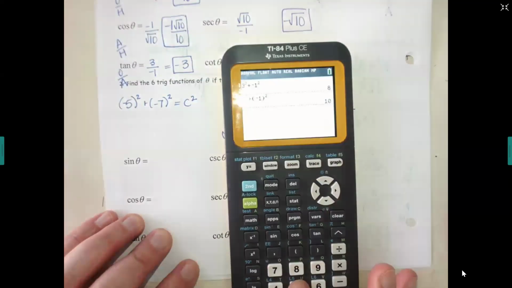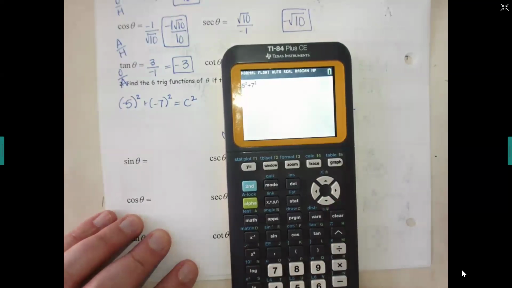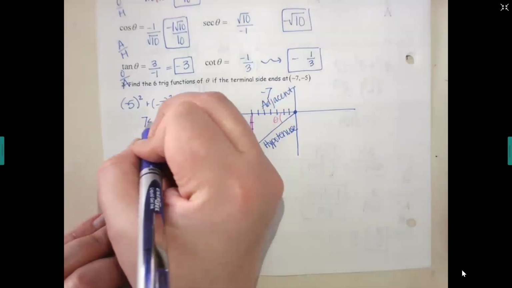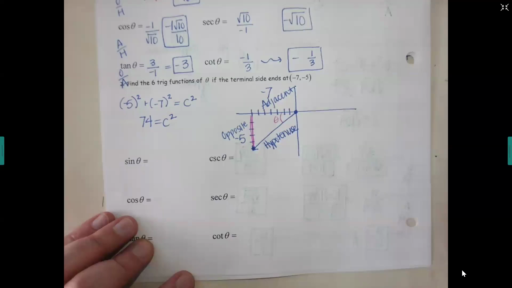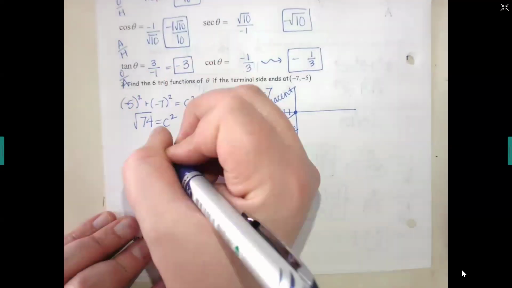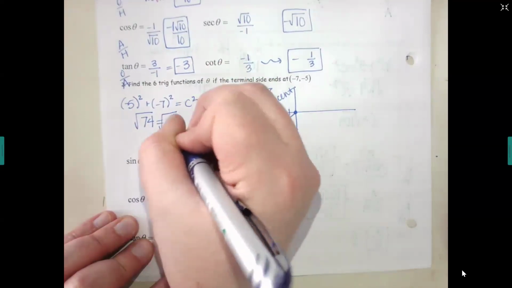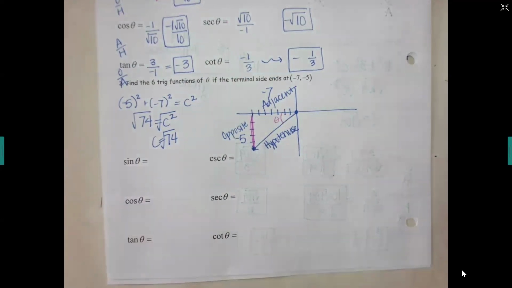So I'm going to do it without the negative just because it's more stuff to type. So 5 squared plus 7 squared, that gives me 74. And if 74 is c squared, then c is going to be the square root of 74. It will not divide by a perfect square, but you should check.